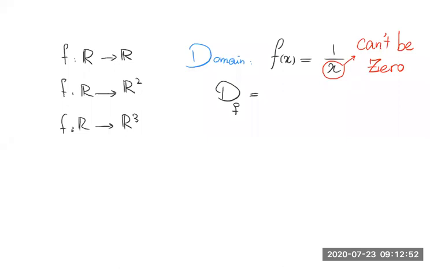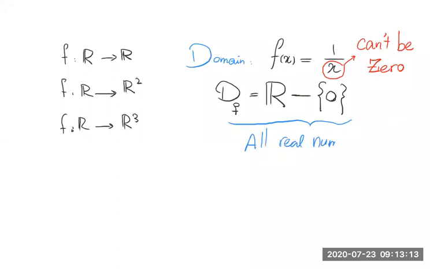So the domain is every real number, minus 0. By this we mean all real numbers but 0. This is the domain of f. It means the set of points at which f is defined, right?